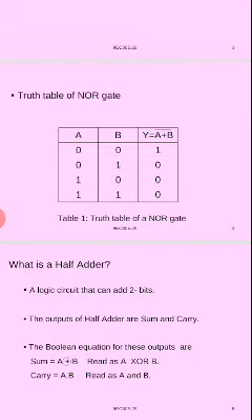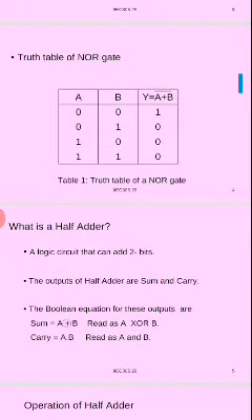Truth table of NOR gate. In this truth table, there are two inputs A and B, and Y equal to A plus B complement. That is the NOR gate.